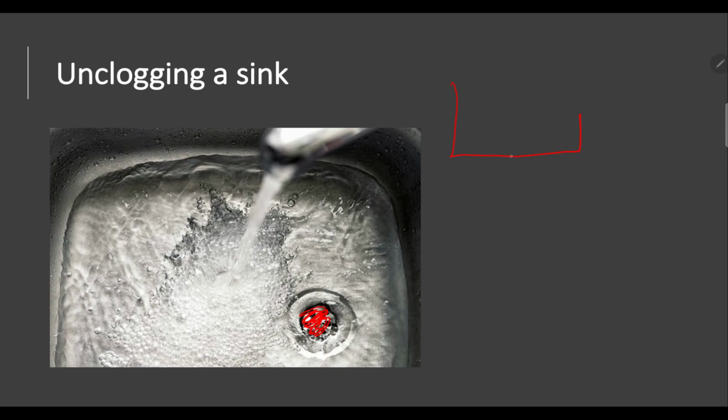If this is the sink, this is where it is, and the clog is here, let us say. So what they usually do is they plug it and fill it with water. And what they think, and even some of you might be thinking, is that all this water over here will be applying pressure on the clog.